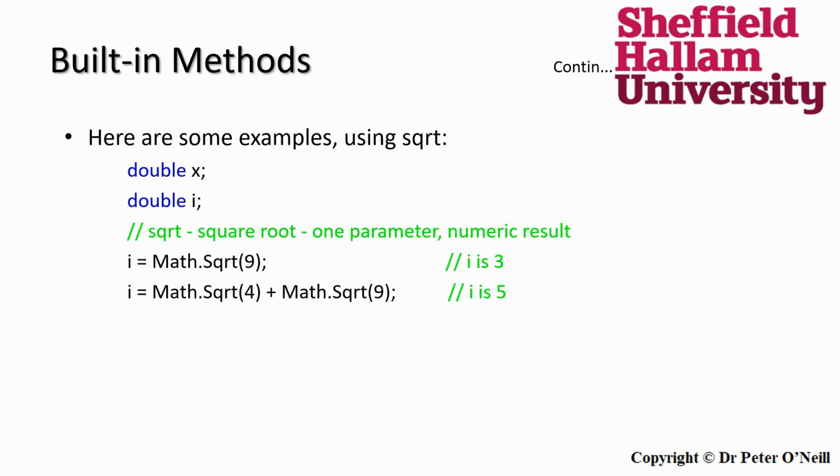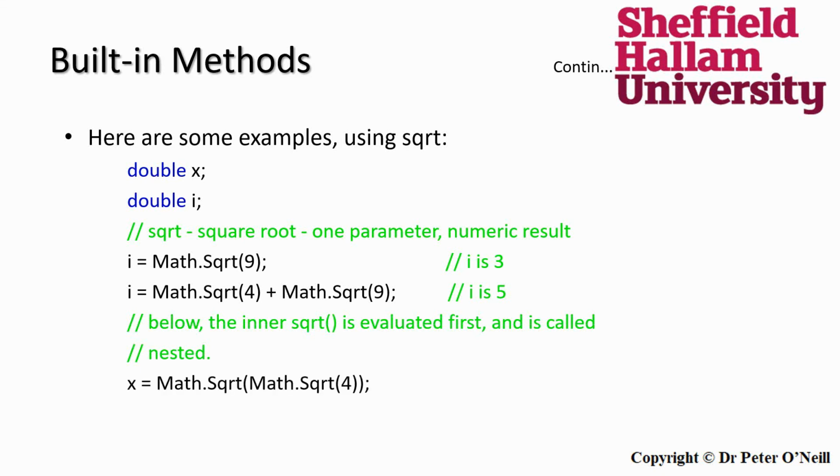Now here's an interesting one. i becomes Math.Sqrt(4) plus Math.Sqrt(9). So 2 plus 3 equals 5. This is something we call nested. So, what do we mean by nested?